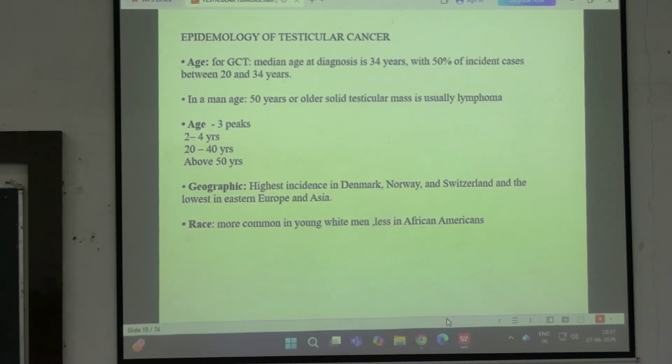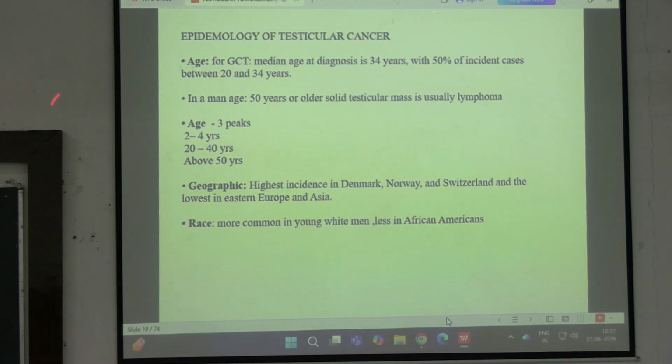Again, for GCT, germ cell tumor, 34 years is the median age, and 50% of incident cases are between 20 and 34 years of age. There are 3 peaks: 2 to 4 years, 20 to 40 years, and above 50 years.